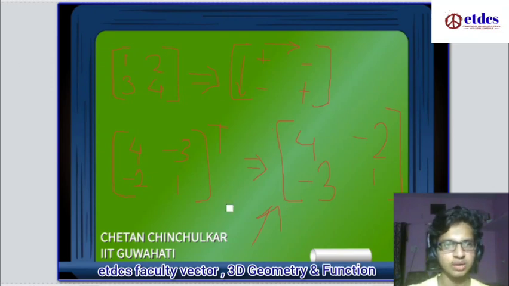How? The diagonal elements get interchanged without a change of sign. See, 1 and 4 got interchanged, and for the secondary diagonal only the sign gets changed. 2 becomes minus 2 and 3 becomes minus 3.